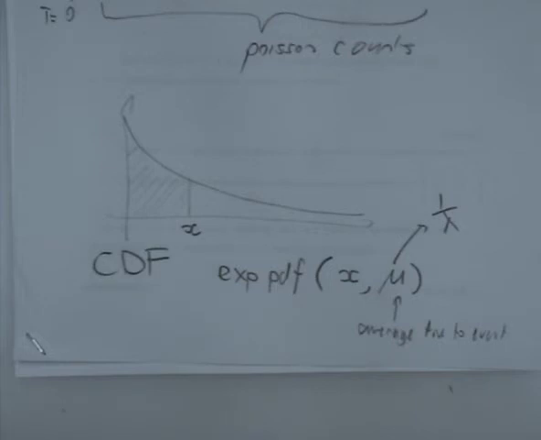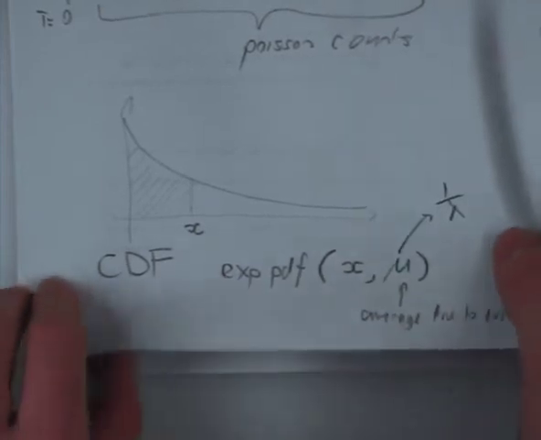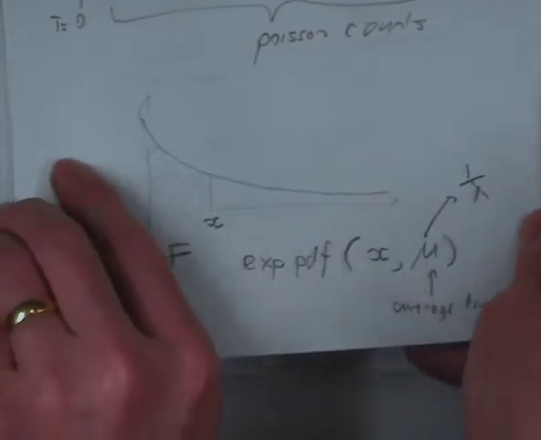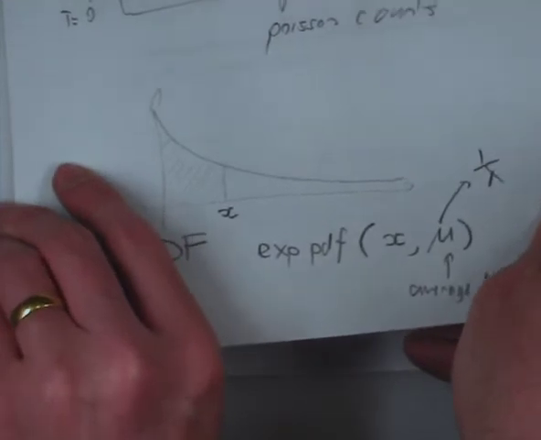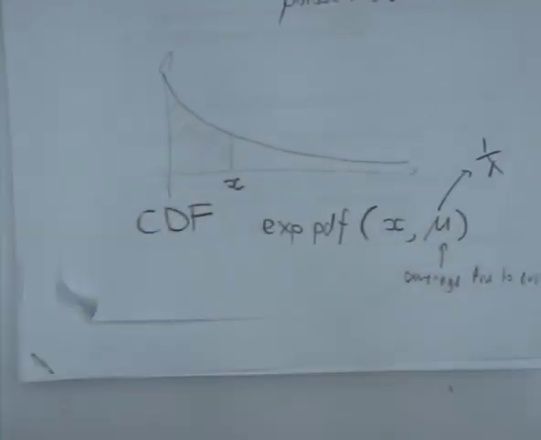Okay, so the lambda is how many events happen in a certain amount of time. But of course, the exponential actually measures time, so it should be the other way around. It should be time per event as opposed to event per time.